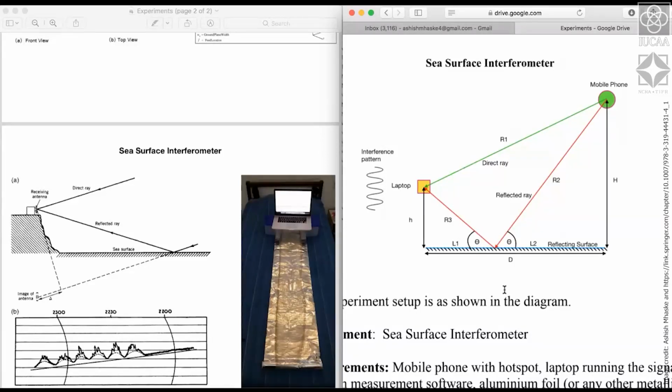In our case, they might differ significantly because R1, R2 plus R3 might differ very much in terms of their squares, and that itself will change the level of intensity, even if things were perfectly reflected.